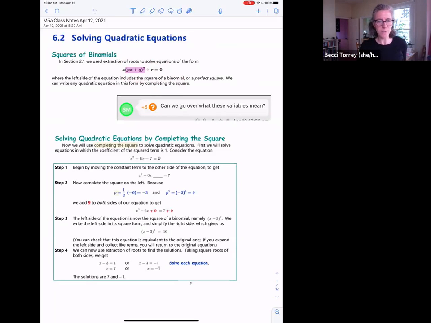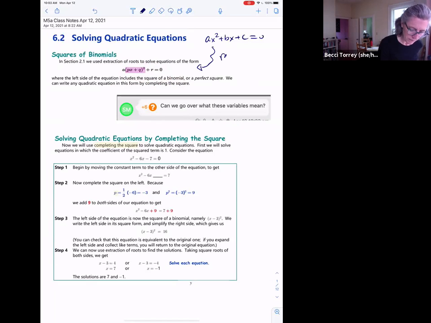What they've done is take our usual ax squared plus bx plus c equals 0, and rewrite it. It's the same thing, just in a different format, where this p and the q, and they pull the a out so that there's no non-one coefficient in front of the x.